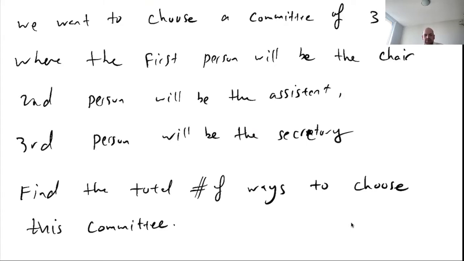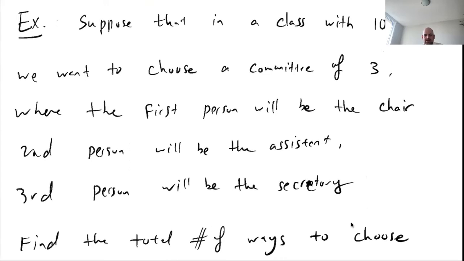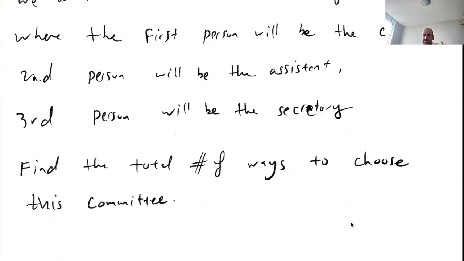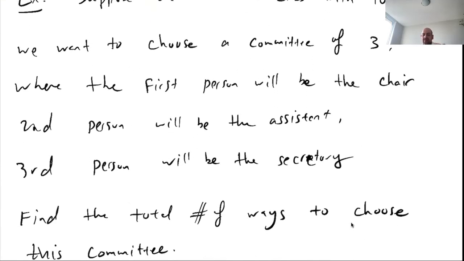So let's see whether we can use the concept of permutations to solve this problem. Permutations P(n,r): when can we use it? If we have a set with n elements and we want to choose r of them, and don't forget one more important thing, the order must be important and relevant, because when we talk about permutations, order is always relevant.